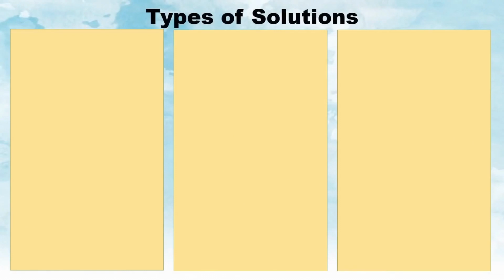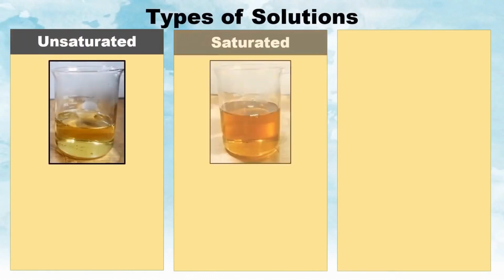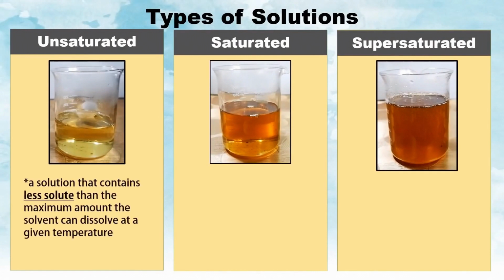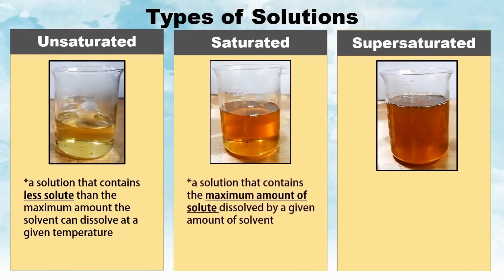Let's see now the summary of this. The three types of solutions we have: unsaturated, saturated, and supersaturated. The unsaturated solution is a solution that contains less solute than the maximum amount the solvent can dissolve at a given temperature. The saturated is a solution that contains the maximum amount of solute dissolved by a given amount of solvent.